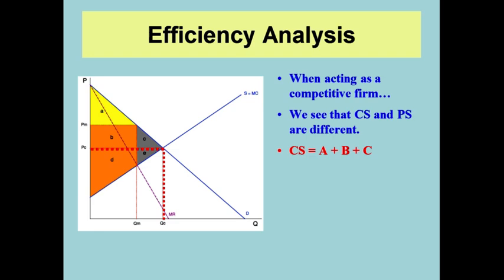Consumer surplus at this lower price, does everyone agree it's going to be A, B, and C? It's going to be that whole triangle above the red dotted line. A plus B plus C. And producer surplus, remember, it's going to be the difference between marginal cost and price. Producer surplus is D plus E.